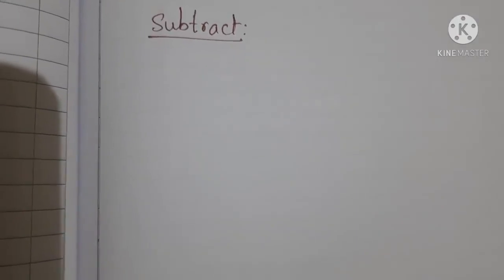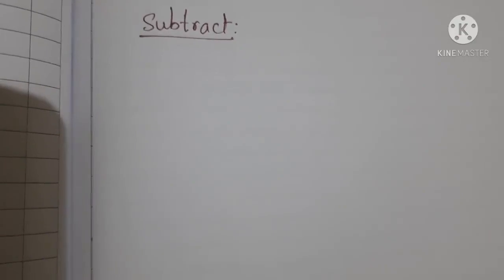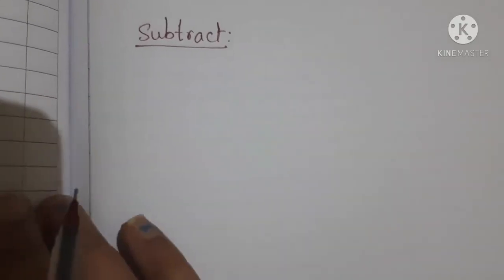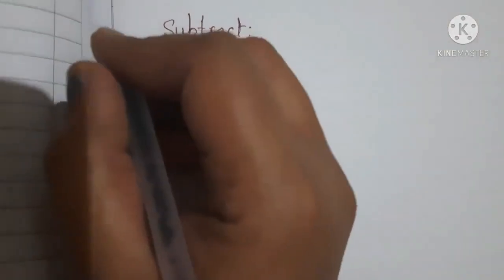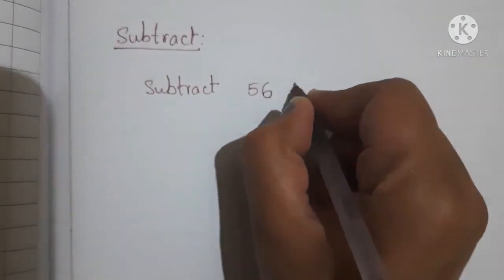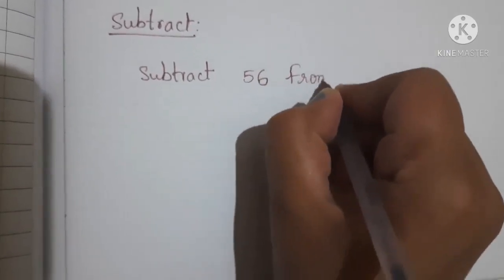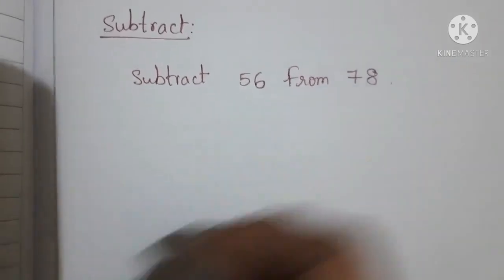Children, you know how to do subtraction for one digit number. Now, let us practice to do subtractions for two digit numbers. For example, subtract 56 from 78.